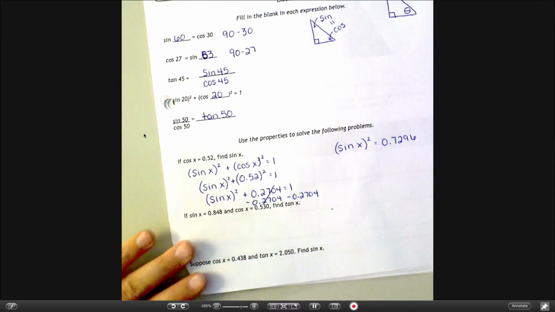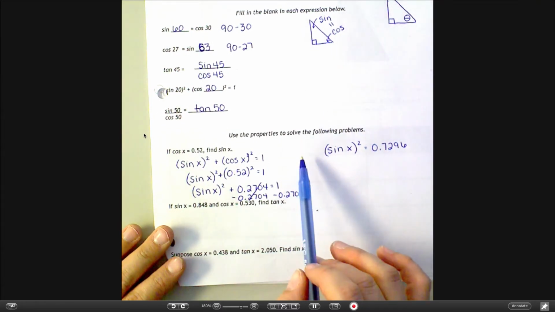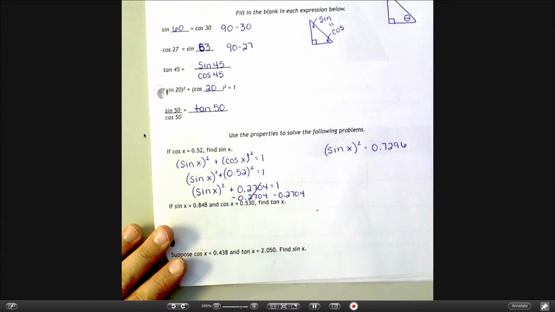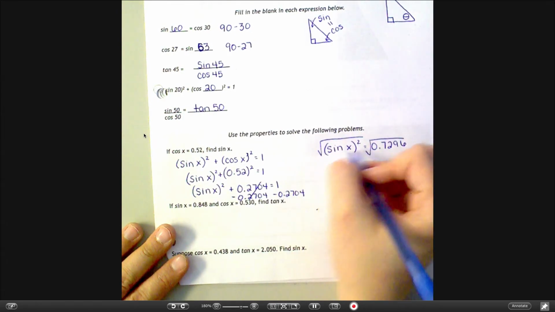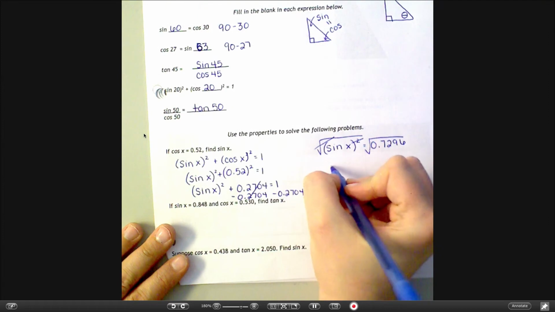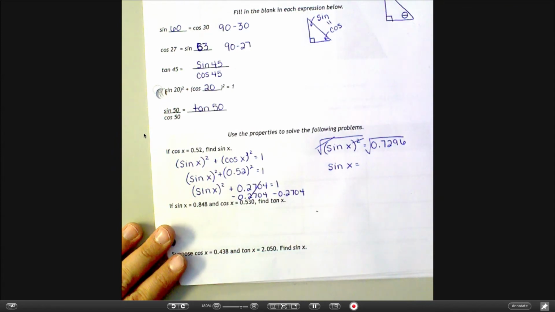We're almost there. Well, I want sine of x, and I have sine of x squared. Square root it, good. Okay, and so now this square root and this square are going to cancel, and you'll be left with sine of x is equal to whatever that square root is. 0.8 something, I think.